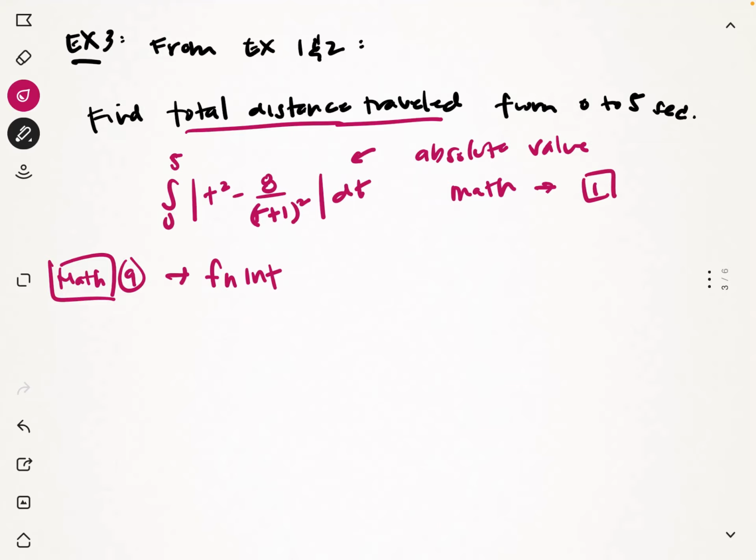So, math 9 from 0 to 5, we're doing the absolute value of x squared minus 8 divided by parentheses x plus 1 squared dx, and I come out with 42.59.